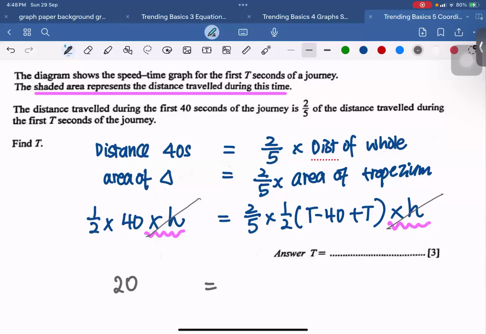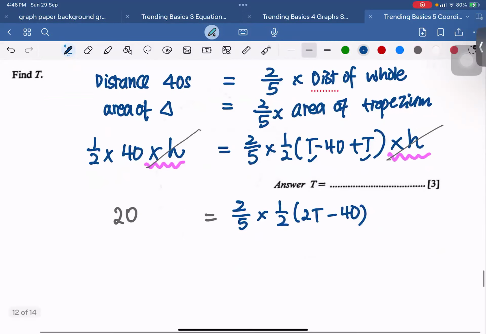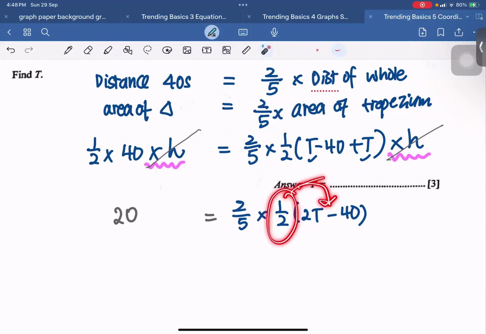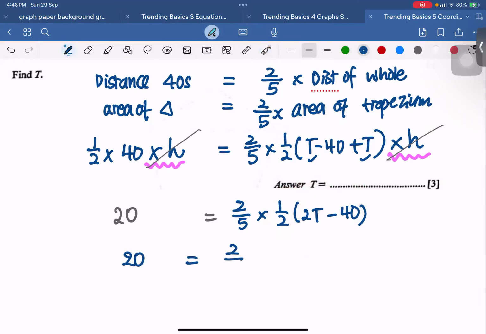This looks a bit complicated. Let me do part by part. 2/5 times half times t plus t, 2t minus 40. If I'm not comfortable, deal with my half first. Multiply inside. I multiply my half inside: t minus 20.